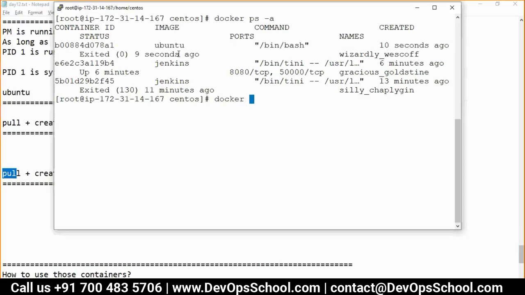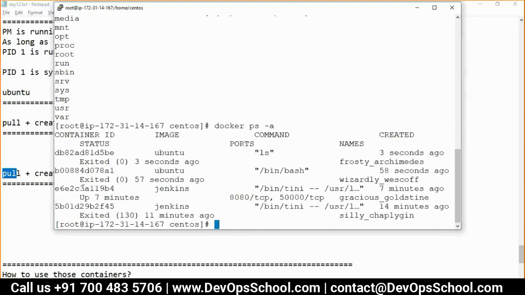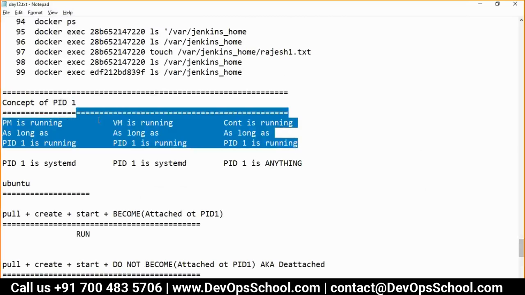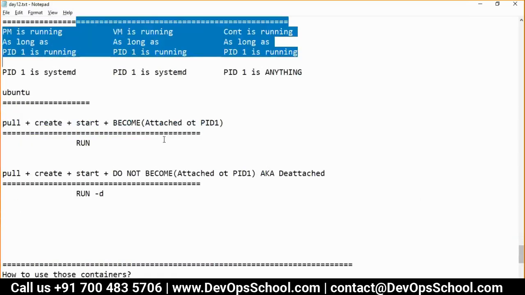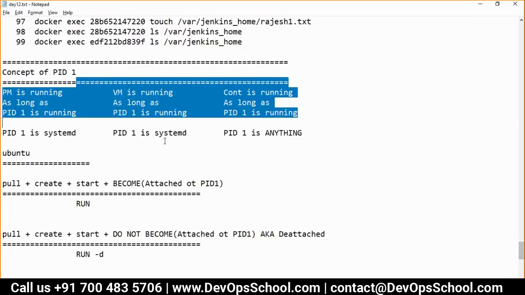For example, docker run ubuntu ls. I want to list all the files and then exit. My work is done, so the container's runtime scope is also done. Did you understand that this rule is now hard coded in your mind?